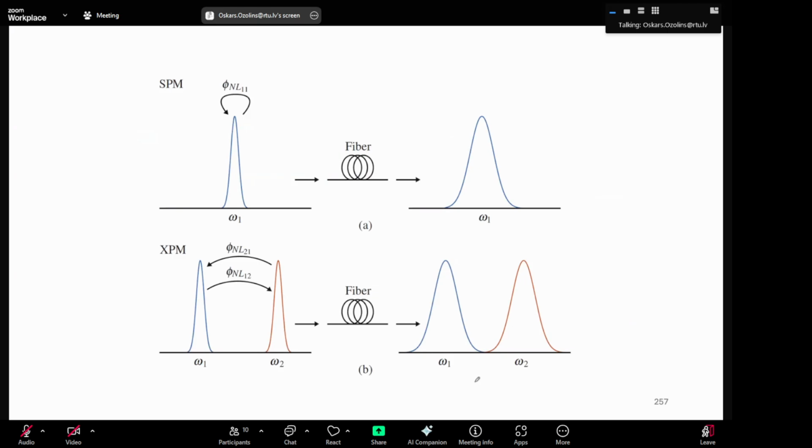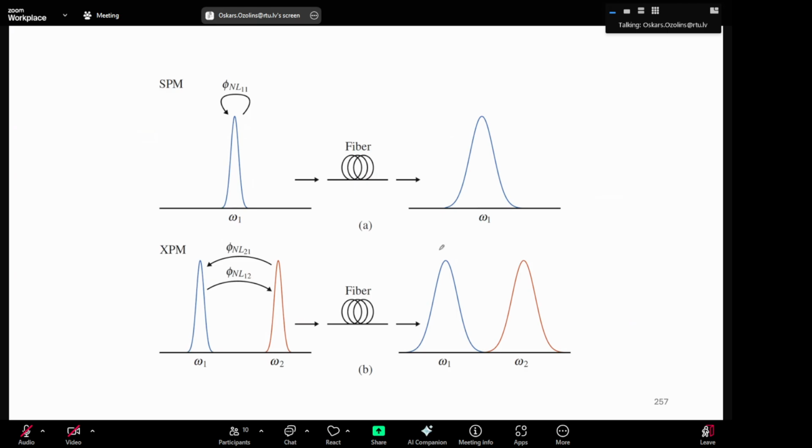You can also have other types of nonlinearities. One is scattering. Another type is nonlinearities like self-phase modulation and cross-phase modulation. Self-phase modulation acts on the pulse, the channel itself.